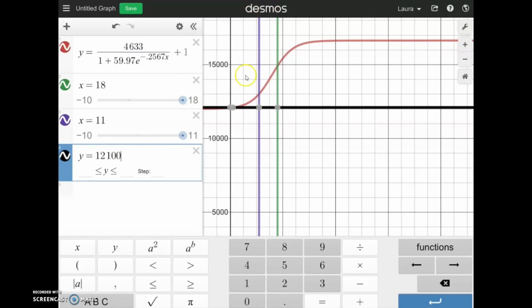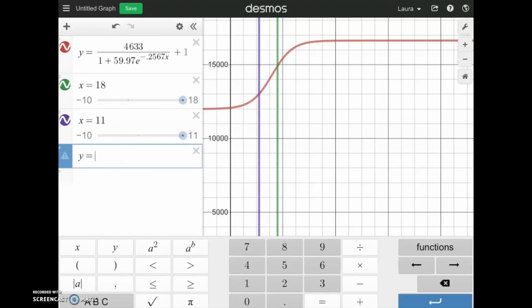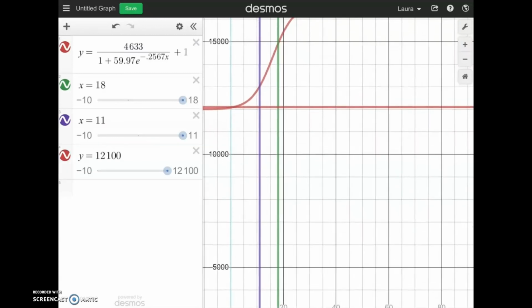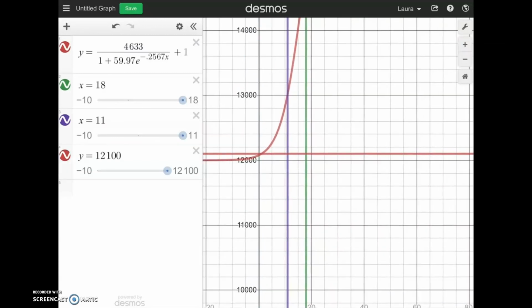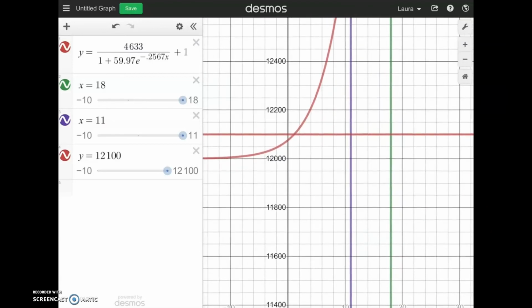And we get this, well, it's really tight in there. So y equals 12,100, and I'm interested in that point there, but I'm just going to expand things a little bit, open it up to see what's going on.